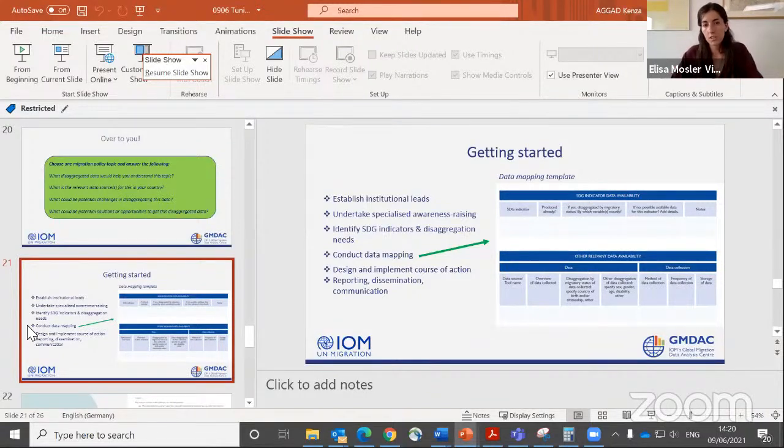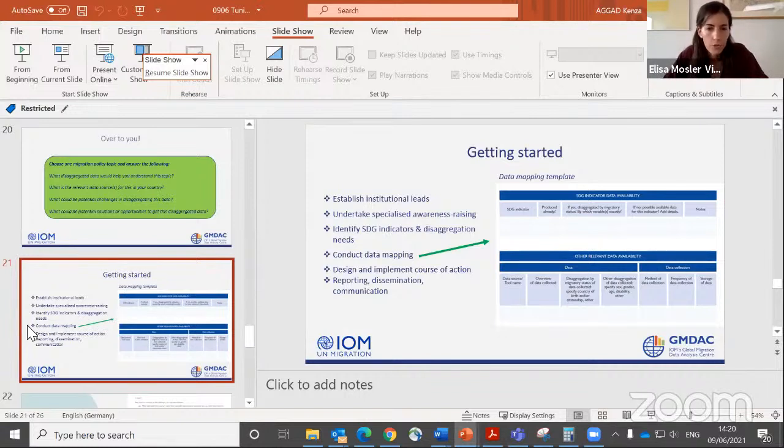Very often, as I mentioned, the data is already collected at the country level that's disaggregated, but there are other reasons why this data simply isn't being used. And so for that reason, at IOM, we put together a few more generic steps that can help a country, any ministry, any agency at any level get started in thinking about if disaggregated data is needed, how to really find this in the sector that it's needed in.